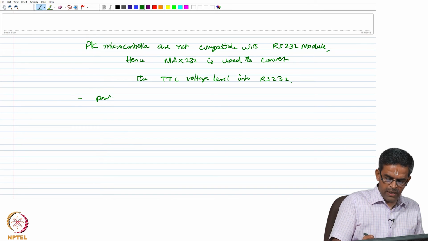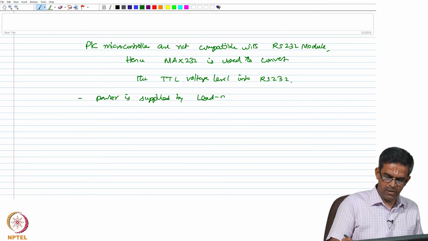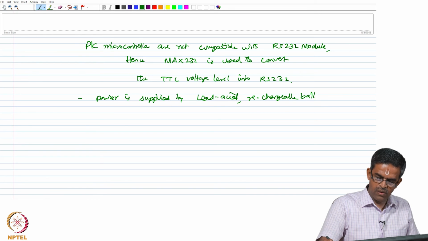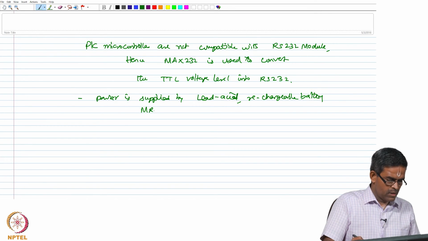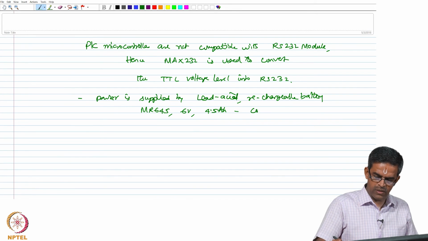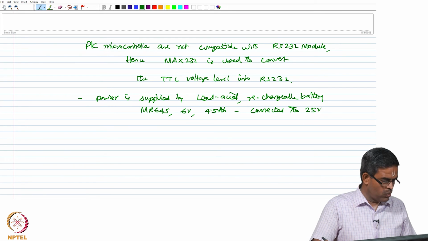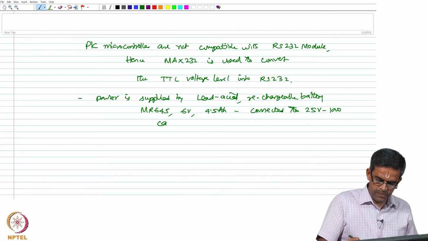The power is supplied by a lead acid rechargeable battery which is MR645 6 volt 4.5 ampere hours, which is connected to 25 volt 100,000 capacitor.